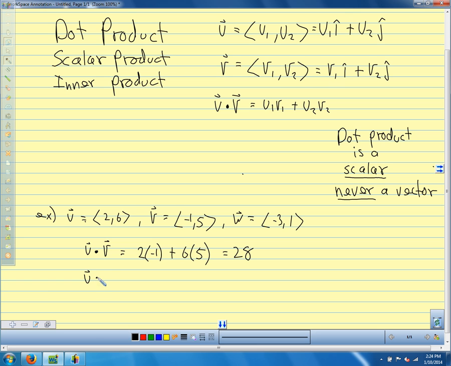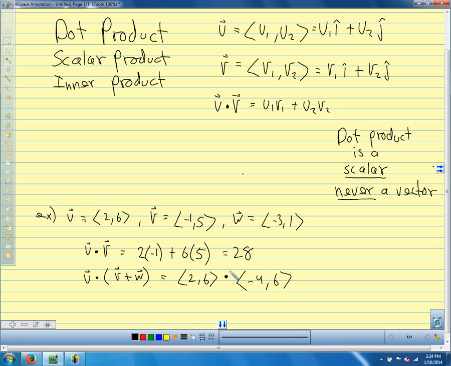For the next one, I want to do u dot v plus w. We'll do it this way first, and then we'll talk about another way that we could do this. So here we're going to do the vector 2, 6, and we're finding the dot product with v plus w. Well, v plus w is negative 1 plus negative 3 is negative 4, and 5 plus 1 is 6.